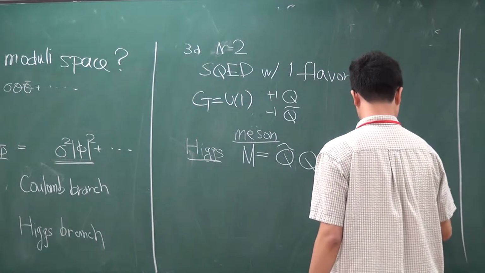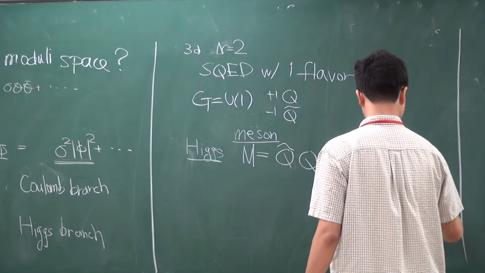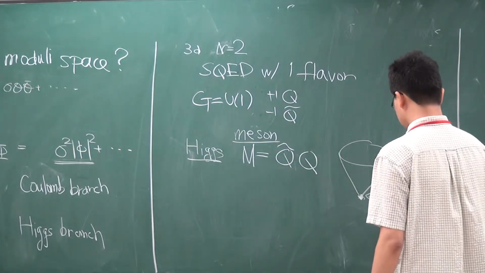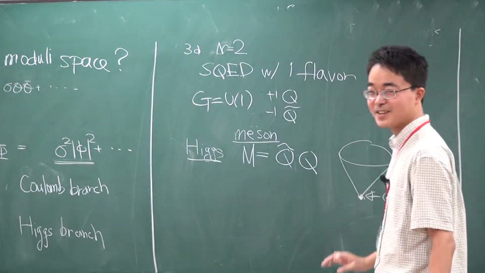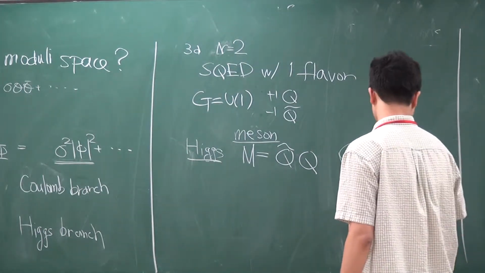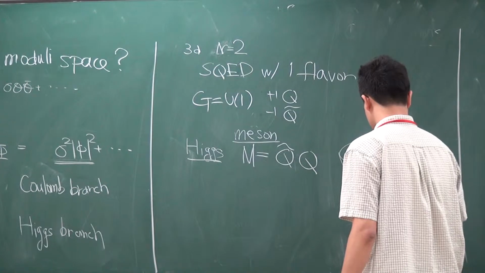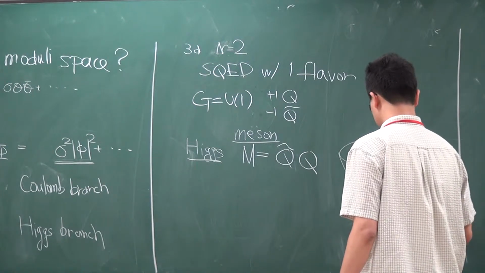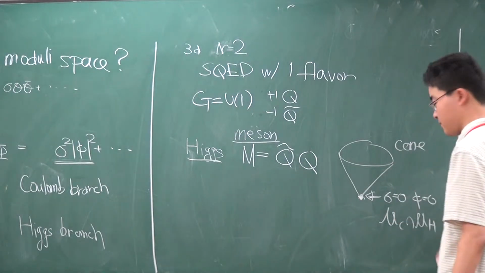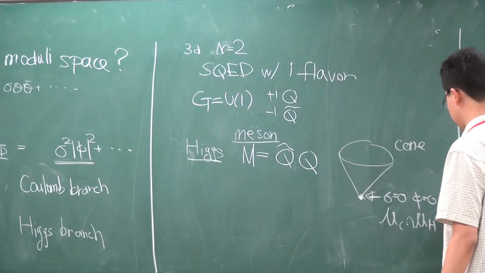The QE decoupling, there's still a dimensionful coupling. Yeah, that's right. So when I say that, I implicitly assume that I already go to the IR. Why not just write that sigma equals 0, phi equals 0? That's the intersection of the Coulomb and the Higgs branch.